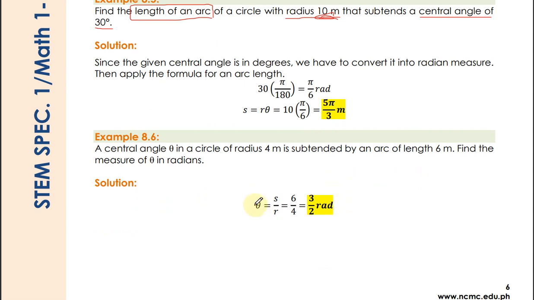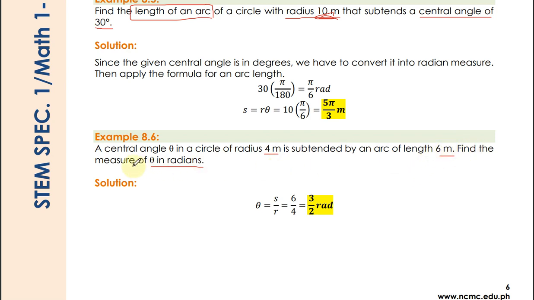Another example: a central angle in a circle of radius 4 meters is subtended by an arc length of 6 meters. Find the measure of the angle in radians. Again, the given is radius, equal to 4 meters, and arc length S, equal to 6 meters.